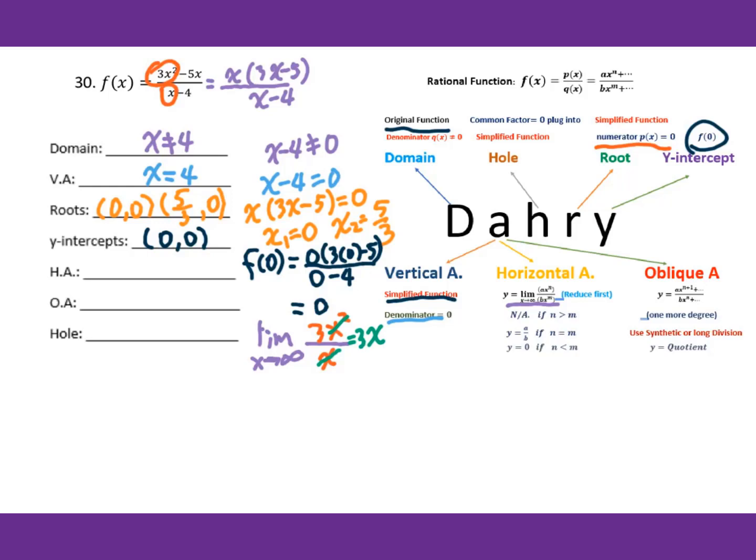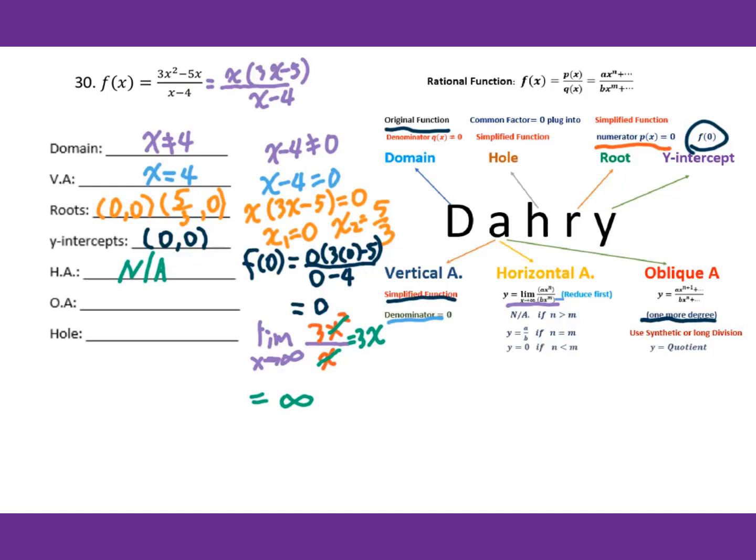Then you plug infinity into this x, then you get infinity, which means not available. For oblique asymptote line, we need the keyword one more degree. This is a 2, here is a 1. Therefore, there is an oblique asymptote for this rational function.